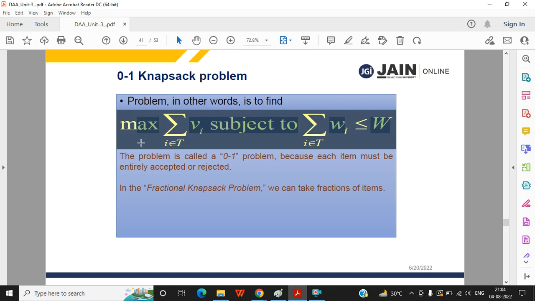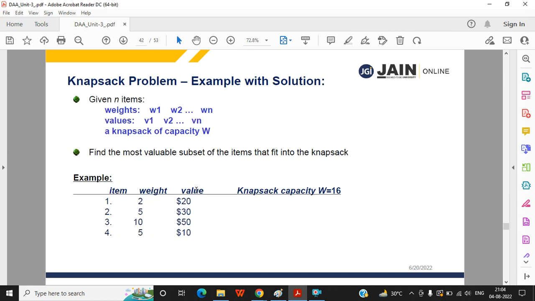The summation you find here is not the time complexity. This is the problem definition of the knapsack problem. Okay, here they've written the problem in other words: given n items, again they are defining it.